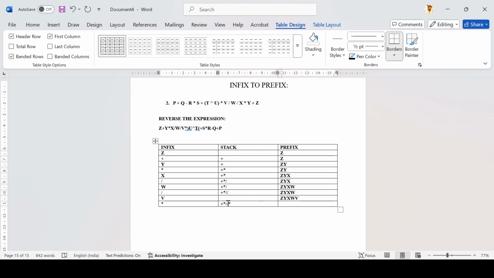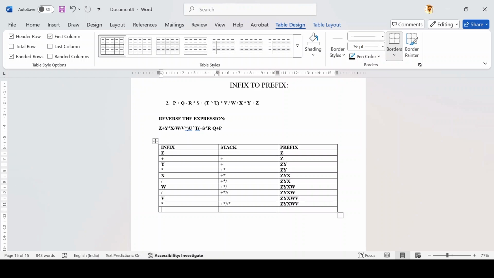Remember, whenever there is equal precedence, we push into the stack for the conversion to prefix. In postfix we did it differently: we popped the top of the stack and repeated the same steps for the next operator. But here for prefix, if the incoming operator has equal precedence to the top of the stack, then push it into the stack.